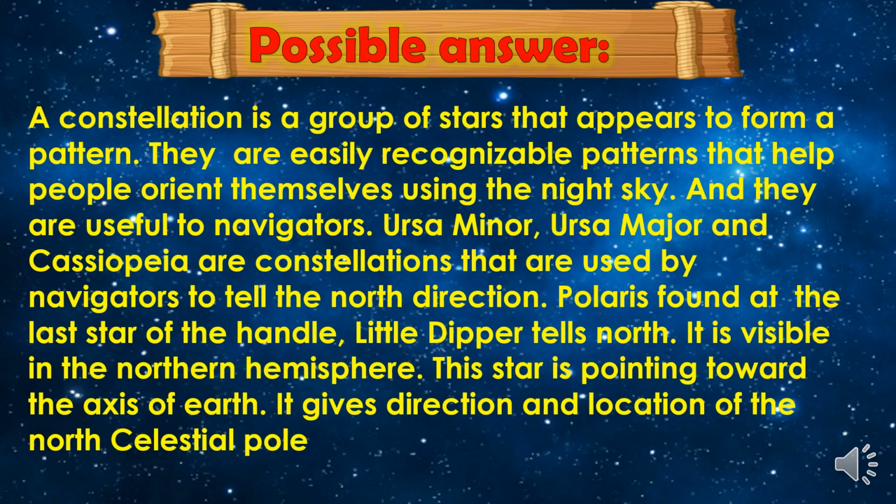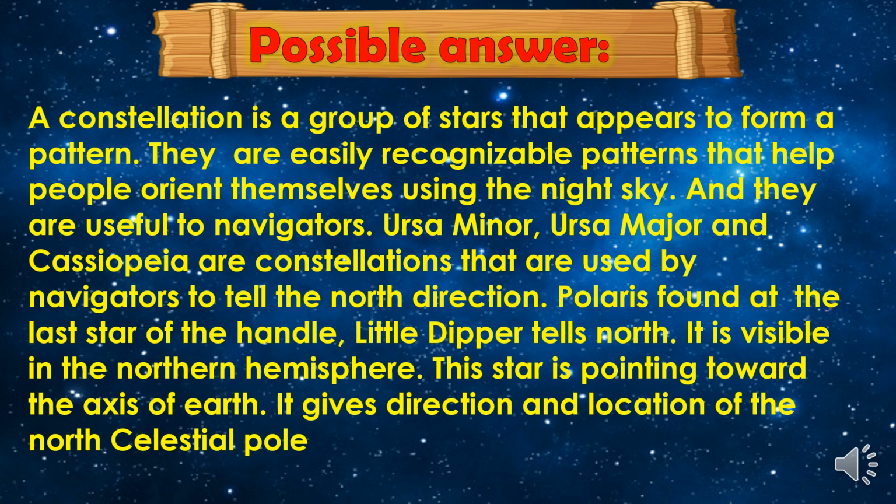Here is my possible answer. A constellation is a group of stars that appears to form a pattern. They are easily recognizable patterns that help people orient themselves using the night sky, and they are useful to navigators. Ursa Minor, Ursa Major, and Cassiopeia are constellations that are used by navigators to tell the north direction.